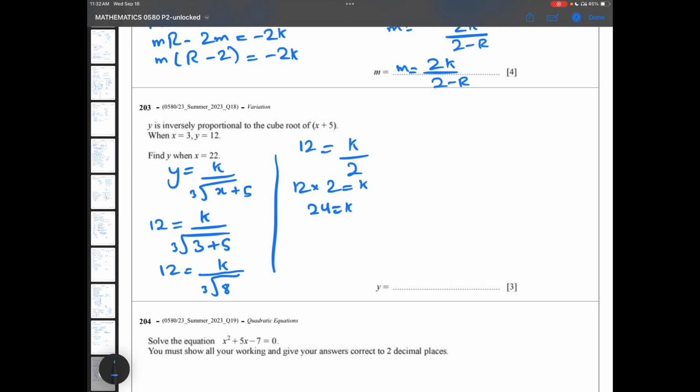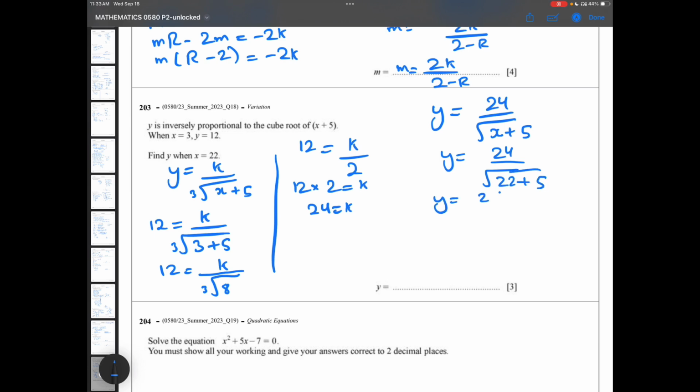Now let's place these values in our equation. Equation was y is equal to k upon cube root x plus 5. In place of k, I will write 24 upon cube root x plus 5. Now we have to find y when x is 22. So y is equal to 24 upon cube root of, in place of x, I wrote 22 plus 5.